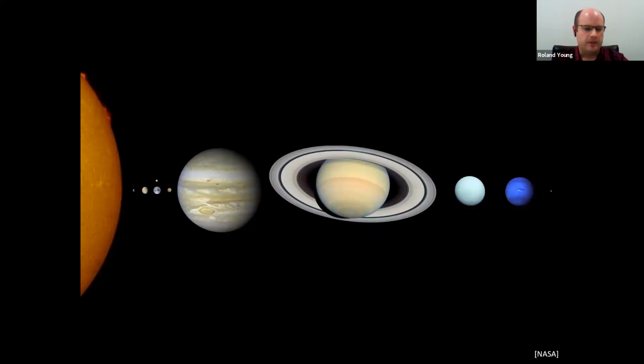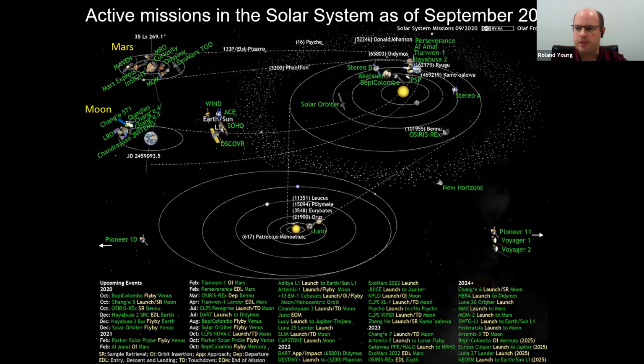Exploring the planets is a monumental effort. It takes many thousands of people all over the world. These are the active missions in the solar system at the current time, as of September 2020. All the ones in the diagram at the top are active spacecraft, with names in green. At the bottom is a list of events coming up in the next 3 or 4 years.